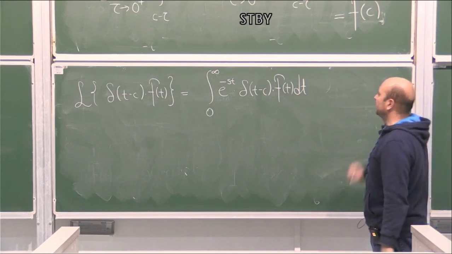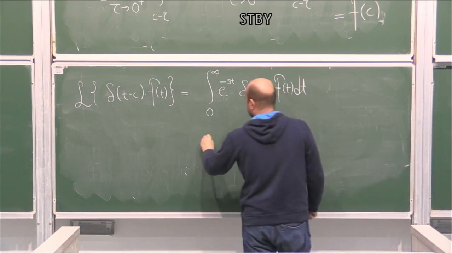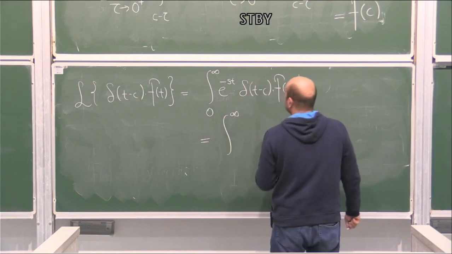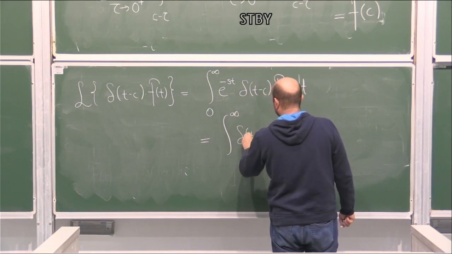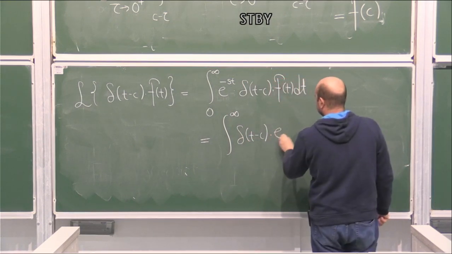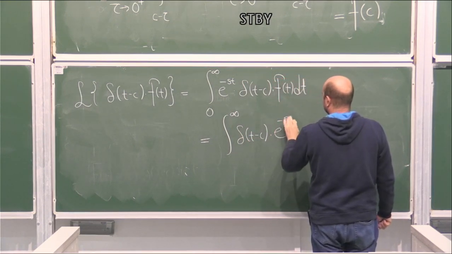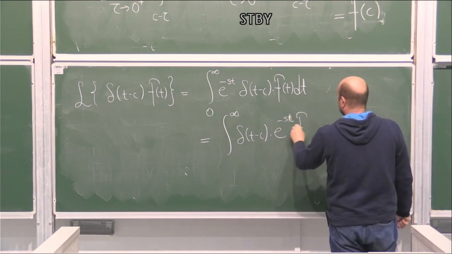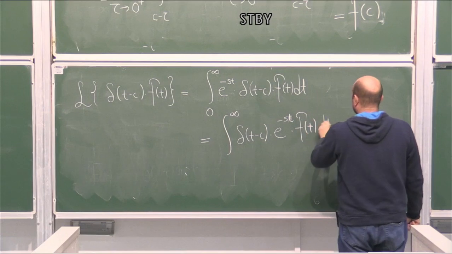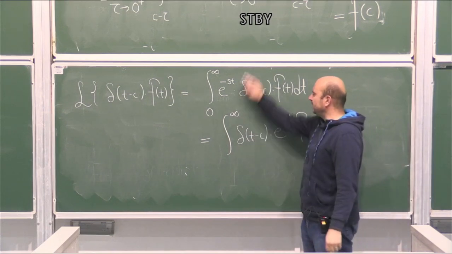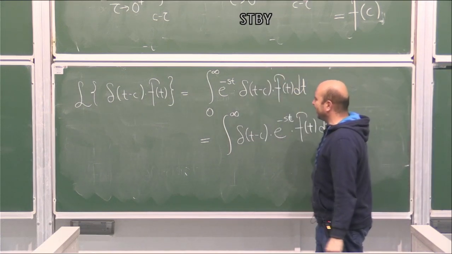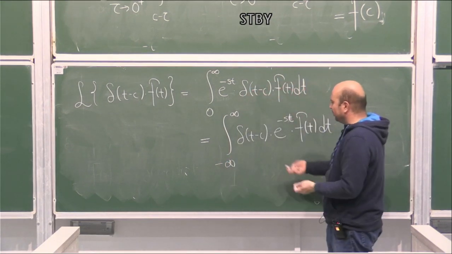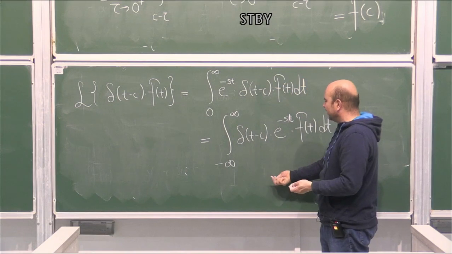But now I'm reorganizing it. Delta function times e to the minus st times f of t dt. And I'm extending my integral from minus infinity to infinity because it's not important, since before 0 this function is 0.